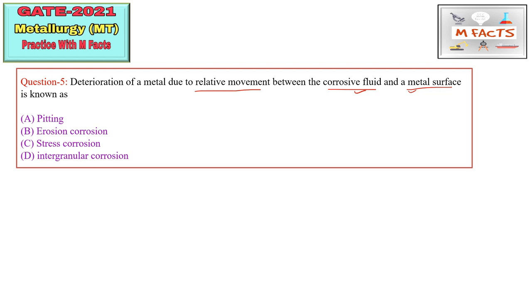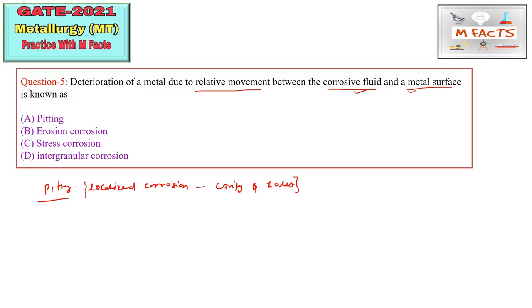What is pitting corrosion? Pitting is a very dangerous type of corrosion. It is localized corrosion in stainless steel or steel, producing cavities and holes. It is very dangerous because prediction and detection are both very hard for pitting.